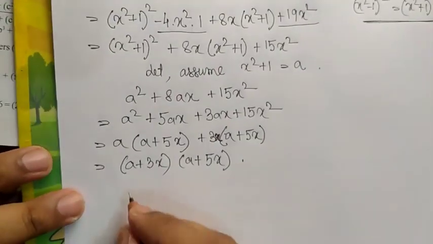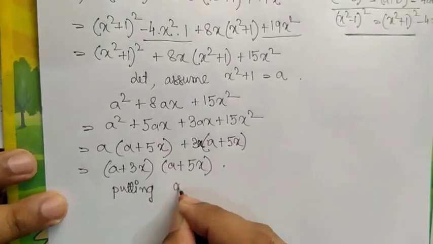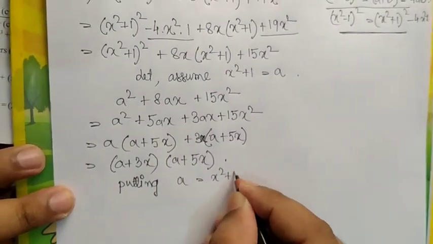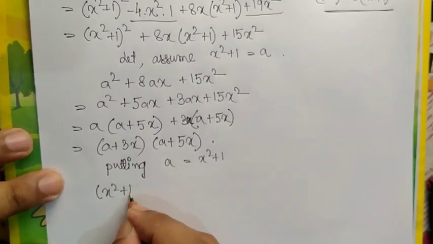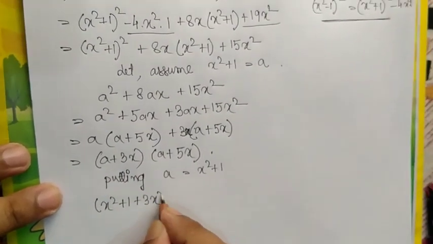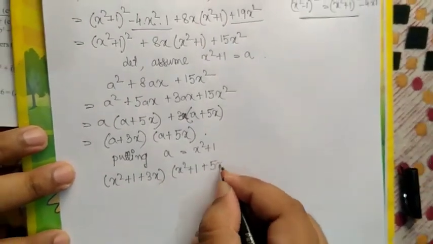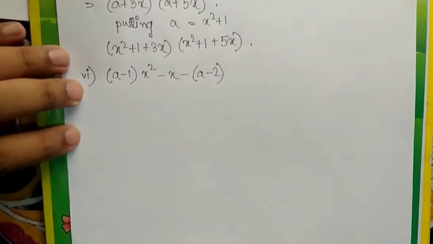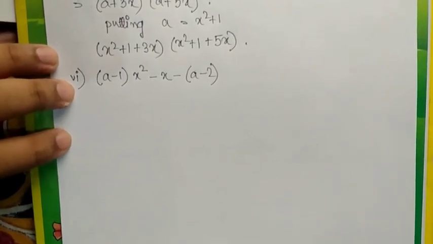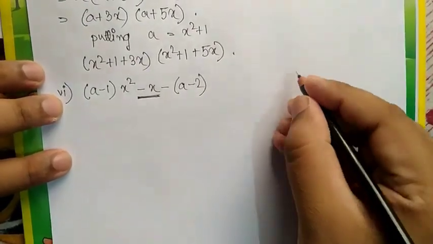Now putting a equal to x square plus 1, (x square plus 1 plus 3x)(x square plus 1 plus 5x). Now this is one of the finest sums in the middle term factorization chapter. Now here this is the middle term minus x.